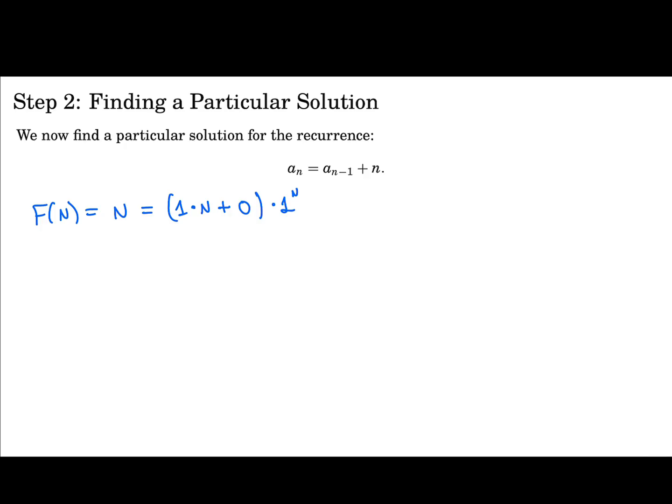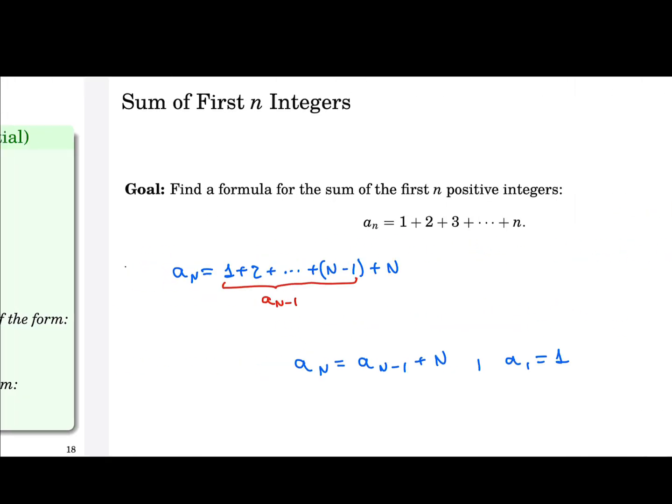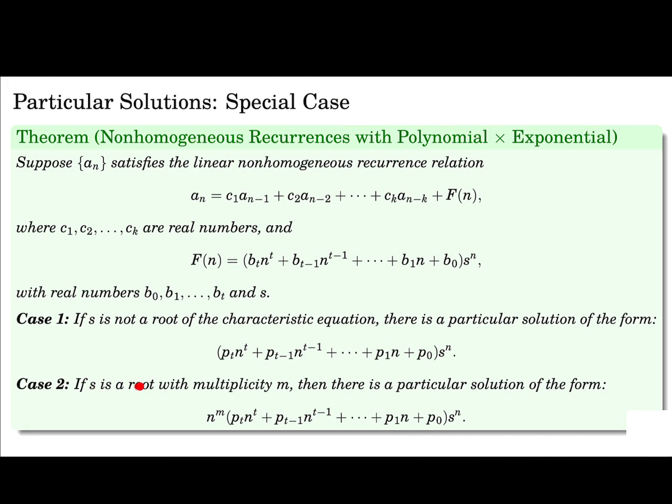Since s equal to 1 is a root with multiplicity 1, by the theorem we're going to have n to the power of 1 times a polynomial times 1 to the power of n.